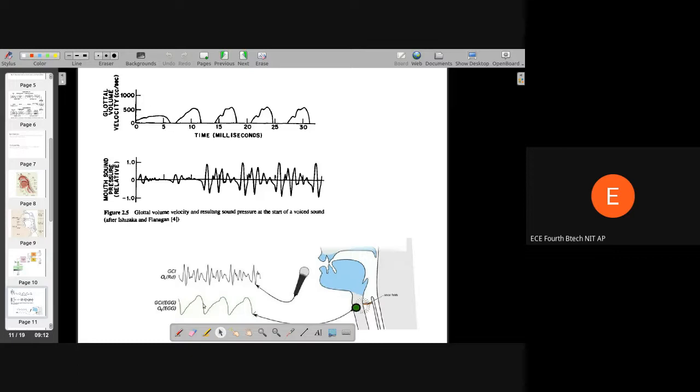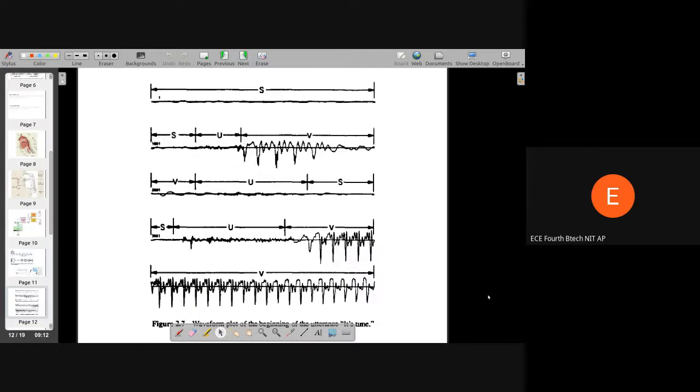This is due to the vibration of the vocal cords or vocal folds. Generally we find that the speech waveform is mainly composed of, let's say, three different regions.